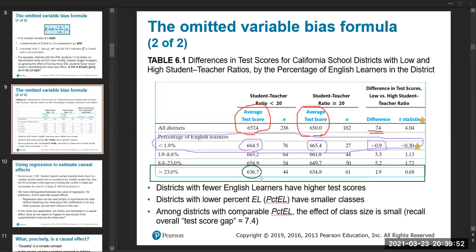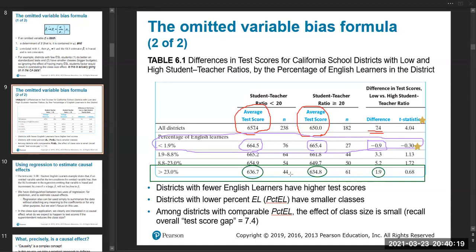Small class, 636. Large class, 634. Oh, so they do much poorer than the good English people, right? The good English people get 660s, while the poorer English school districts only get 630s.